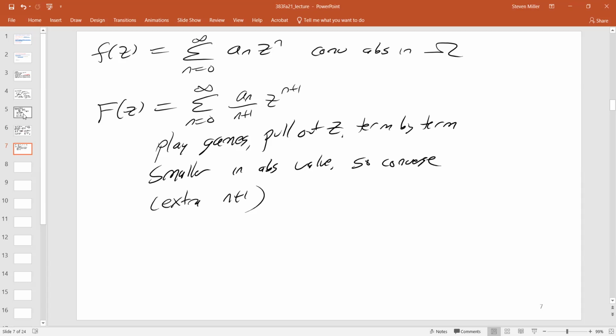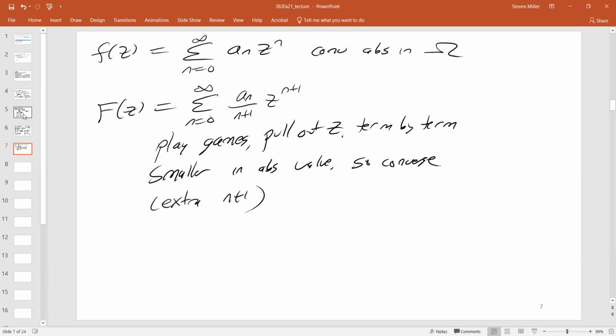No, pull out a z. Look at the a_0 term. Look at the a_1 term. Look at the a_2 term. And we're dividing by an n plus 1. So if I just match up the a_5 term with the a_5 over 6 term here, it's got to be better. I don't actually have to use any deep theorems.